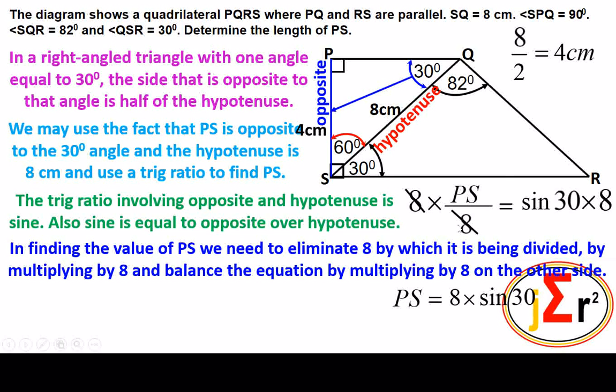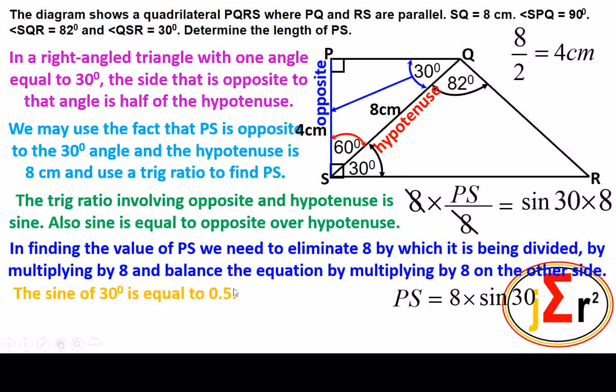We have sine 30 times 8, we may say 8 sine 30. That will give the same result. Also, the sine of 30 degrees is 0.5.